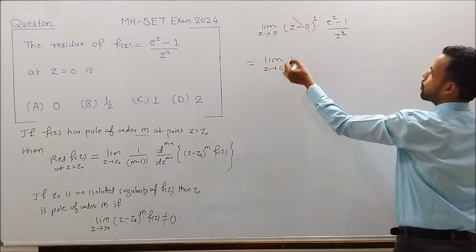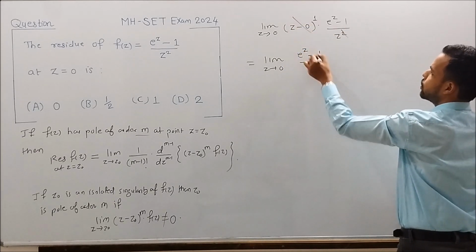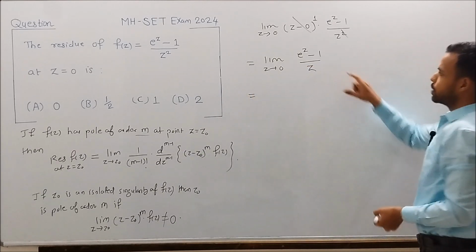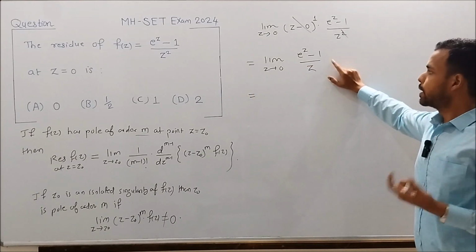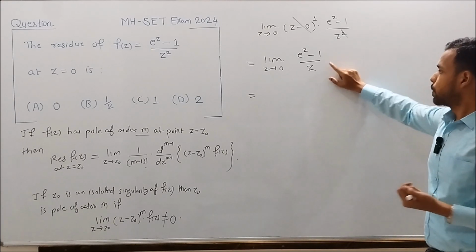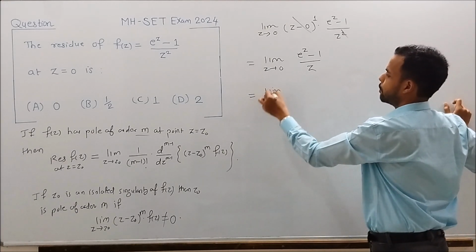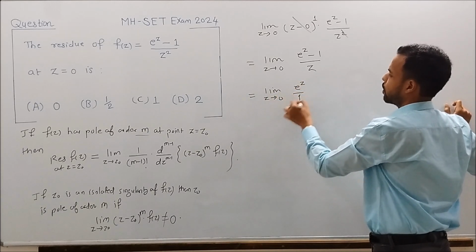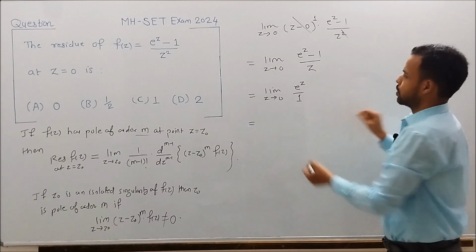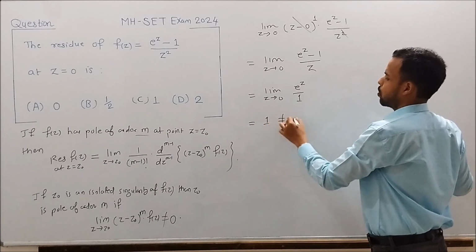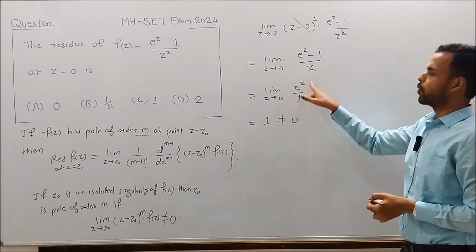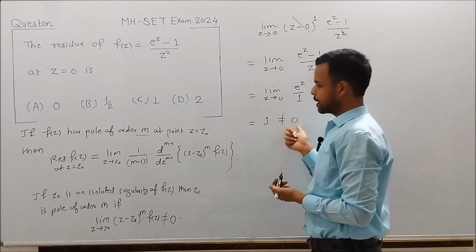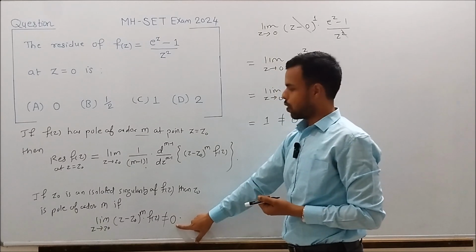This cancels out and the limit becomes (e to the power z minus 1) upon z. It is 0 by 0 form, so we apply L'Hospital's rule, and the limit becomes e to the power z upon 1. Limit z tends to 0 of e to the power z is 1, not equal to 0. So we can see that this limit is non-zero.